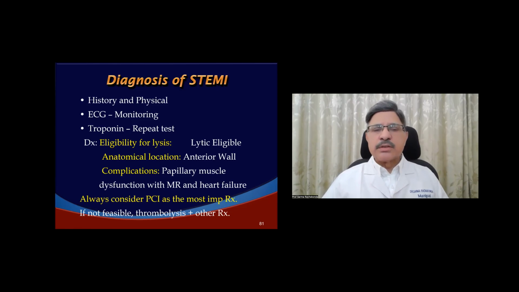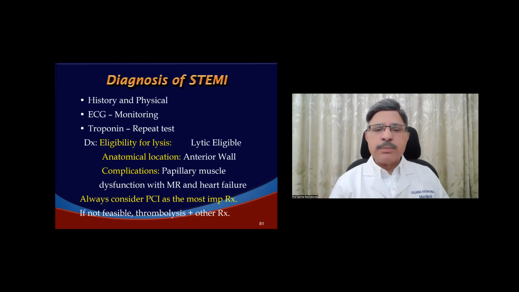So what is the essence? History and physical suggestive of acute coronary event, ECG evidence of ST elevation, troponin done as a sort of add-on, eligibility for lysis criteria. You look at the anatomical location, which particular area and which particular culprit vessel is usually involved, and whether there is any papillary muscle dysfunction or MR or heart failure.